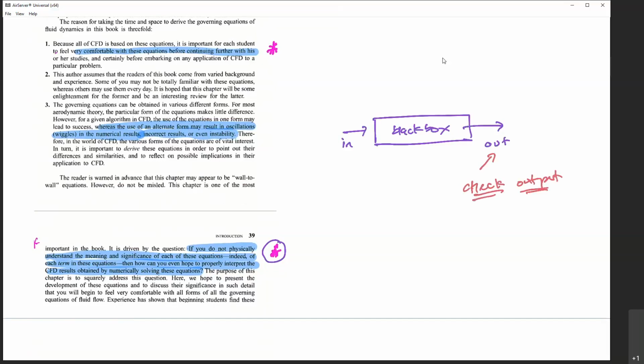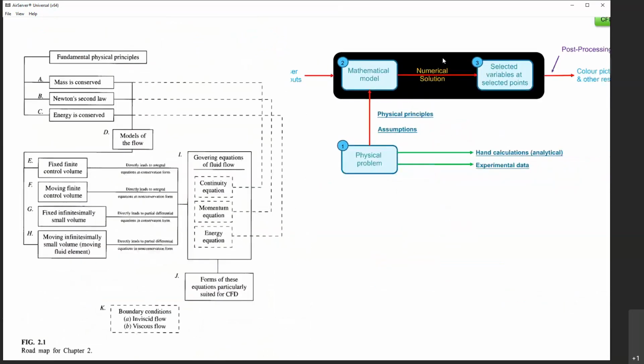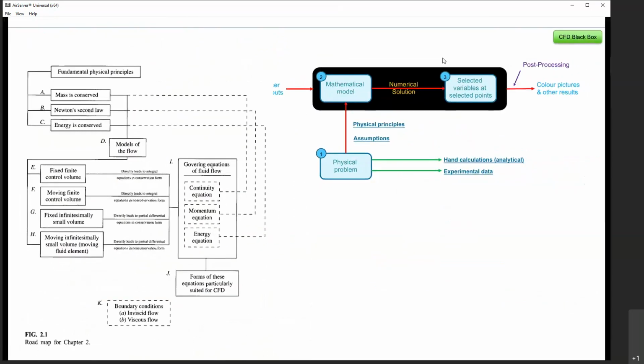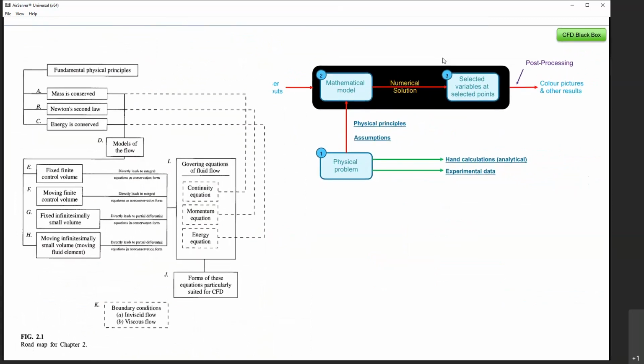So without the fundamental understanding of the working principle behind the software, I think you are kind of like a blind person. You are trying to do something that you know you can do, but you are not sure what it is. All right. So the black box, we have looked at the description. What is a black box before, right?